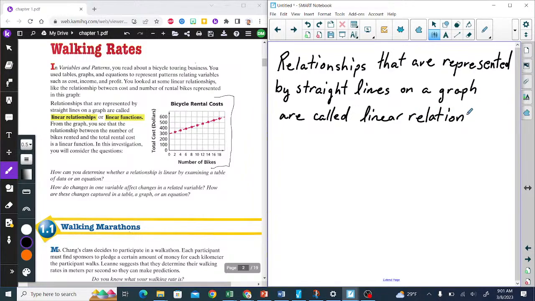And most of the ones that we will work with will be called, or could be called, linear functions.